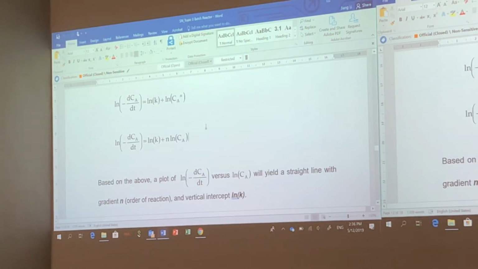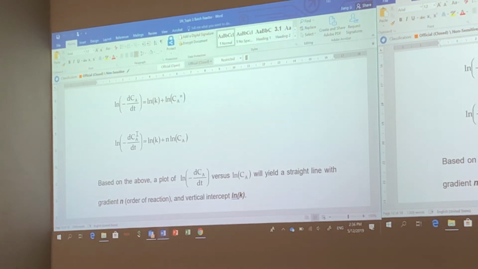You have two unknowns, so the order and rate constant can be found by this method. But the integral method cannot do this; the order must be assumed or given. And one more thing, when you plot this gradient, it will give you higher error. Different people drawing the line will give different answers.